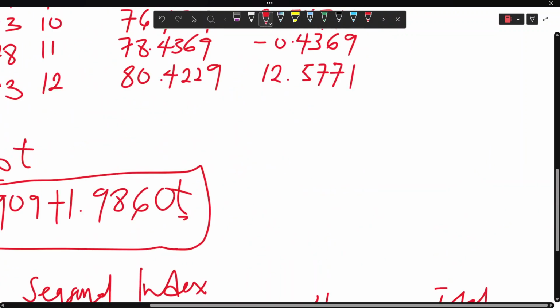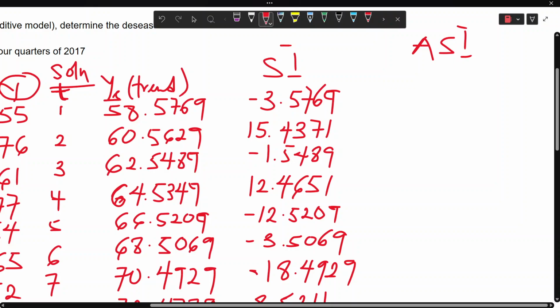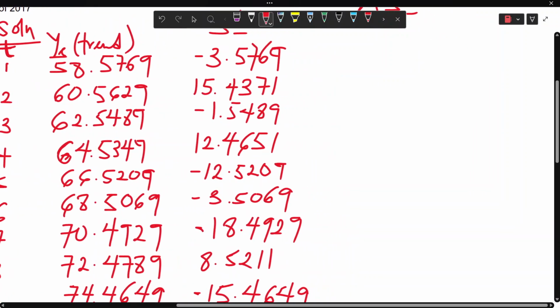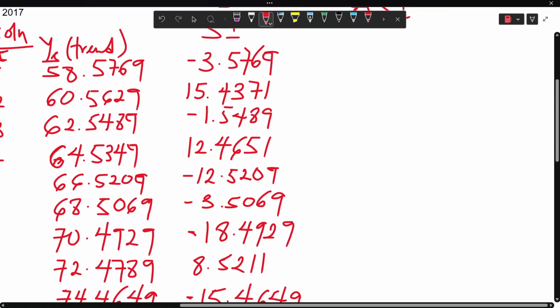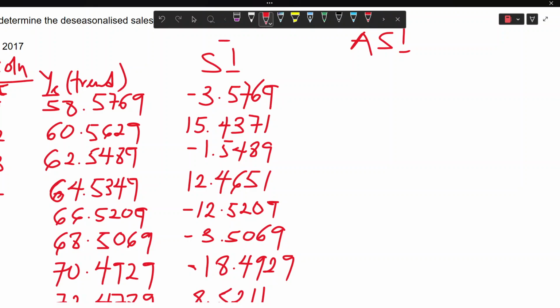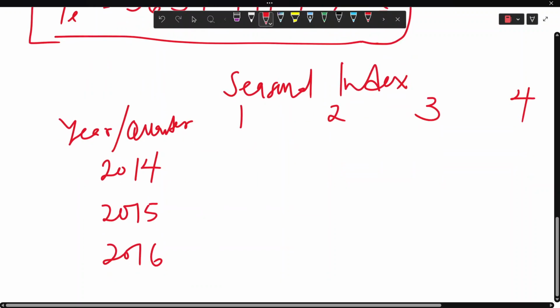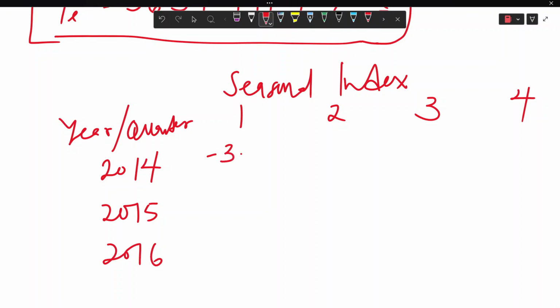For the first quarter in 2014, we had a seasonal index of negative 3.5769.